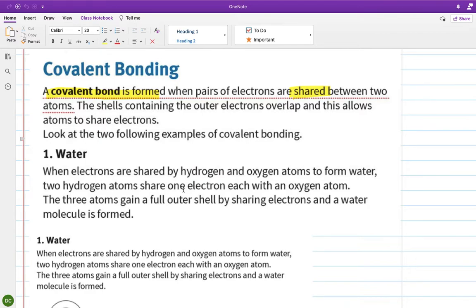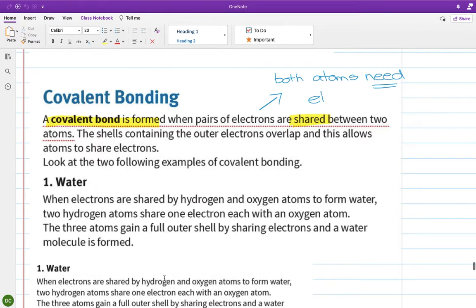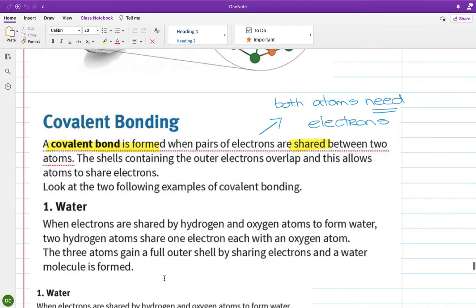When we're doing the diagrams now in a minute, you will find that both atoms need electrons. So you know the way when I did the ionic bond there for homework, I was able to say that calcium wanted to give away electrons and oxygen needed electrons.